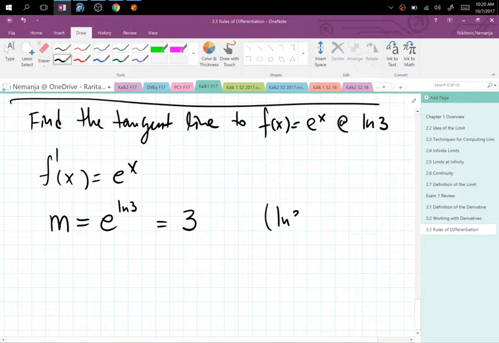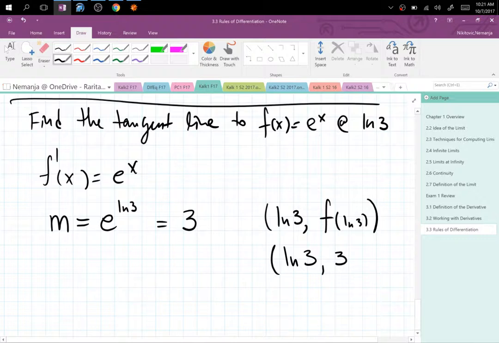Obviously, your x-coordinate is ln 3, that's given to you. And the y-coordinate is always the function computed at that value. So in our case, that's e to the x at ln 3, so it stays the same. So it's ln 3, 3 for the point.